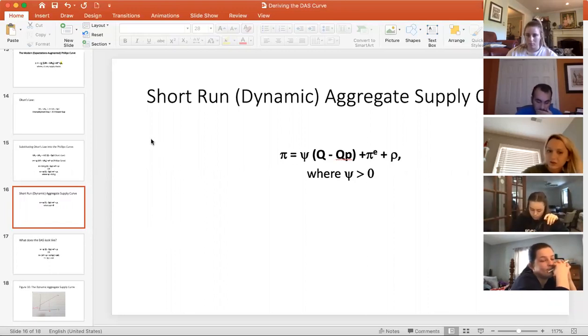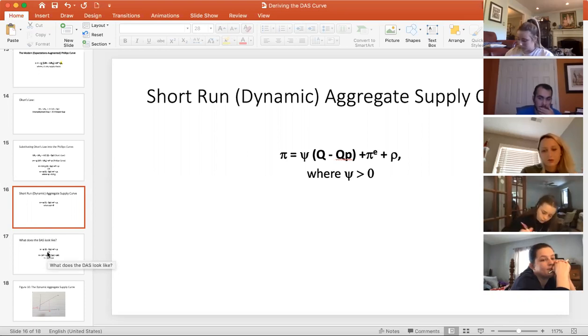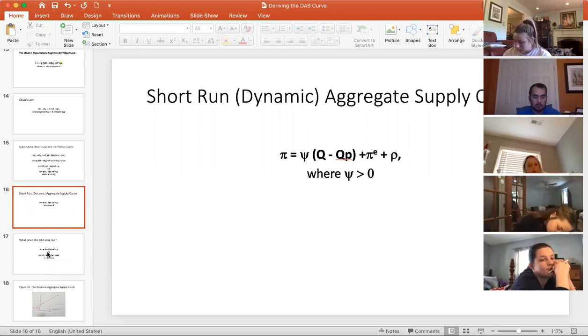Okay, good. Now, what does this darn thing look like? Okay, well, let's take a look. The first thing we want to do is use a little simple algebra to reorganize the equation.